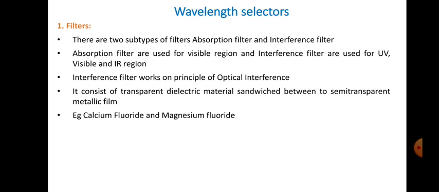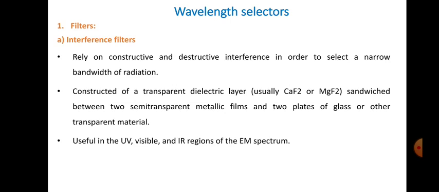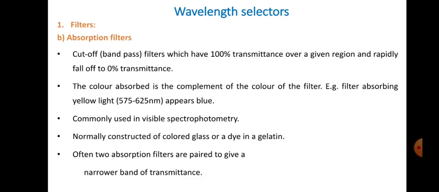The interference filters rely on constructive and destructive interference in order to select a narrow bandwidth of the radiation, and these are constructed, as we discussed, of a transparent dielectric layer sandwiched between two semi-transparent metallic films and two plates of glass or any other transparent material. These interference filters we can use in the UV, visible and IR region of the electromagnetic spectrum.